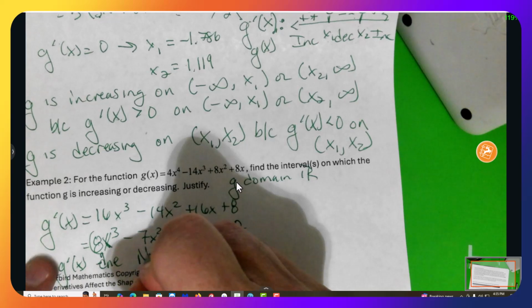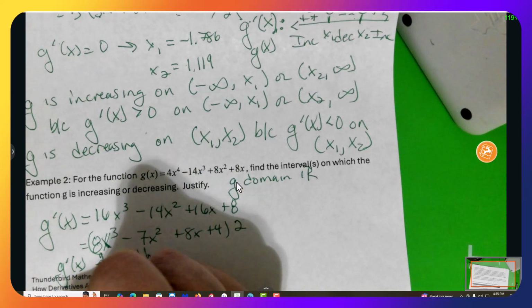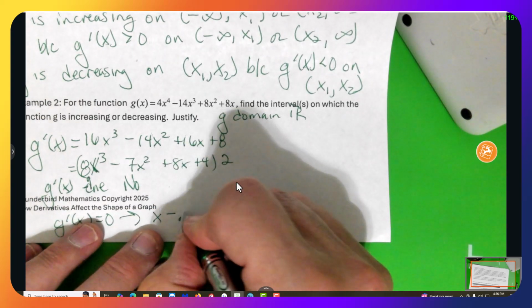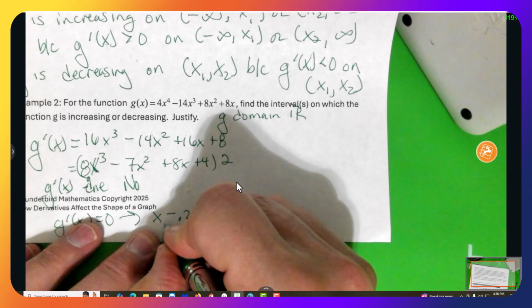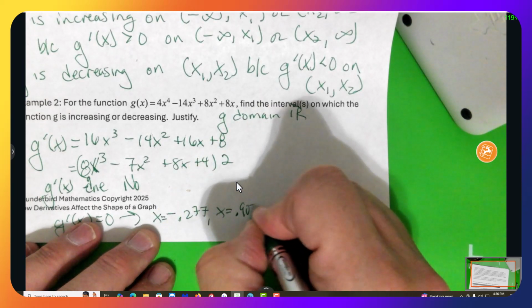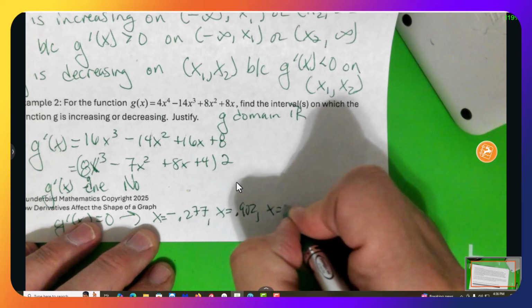There are no values. g prime of x equals 0, so I'll write that out. Then I'm going to write x equals -0.277, x equals 0.902, and x equals 2.